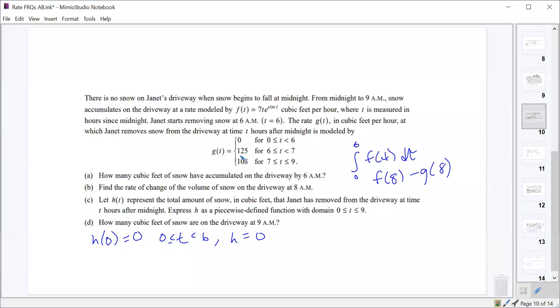Then, from t equals 6 to t equals 7, we should be able to write that as the integral of 125 dx, and we'll integrate not from 0 but from 6 to whatever t value we're looking at.